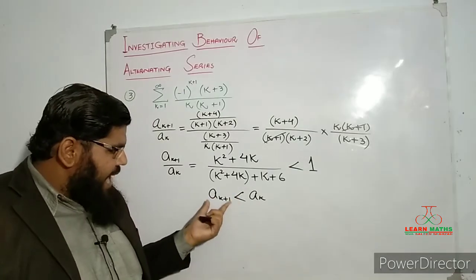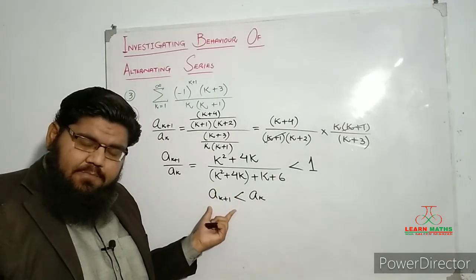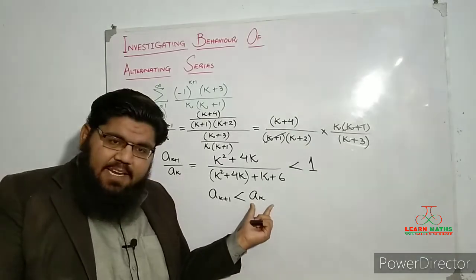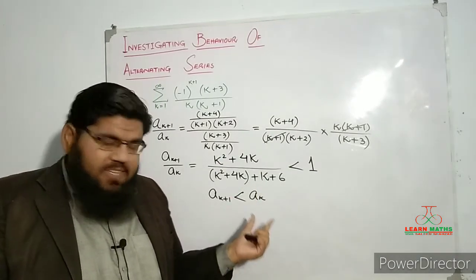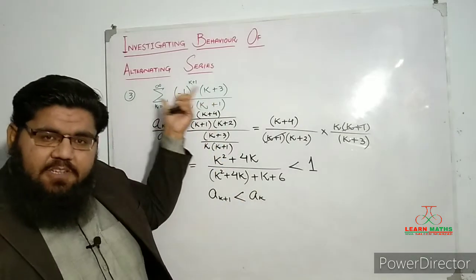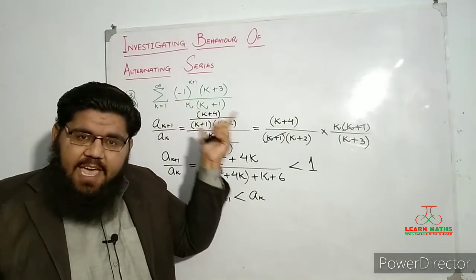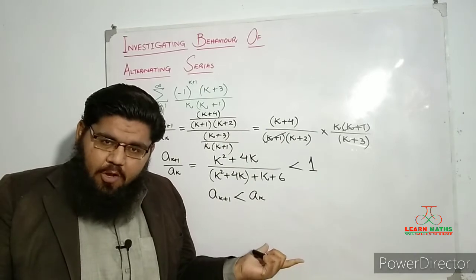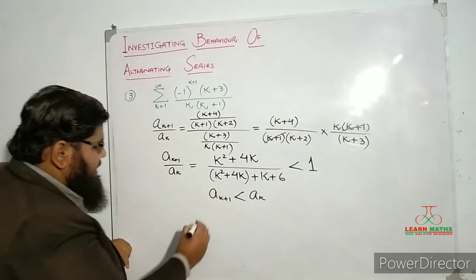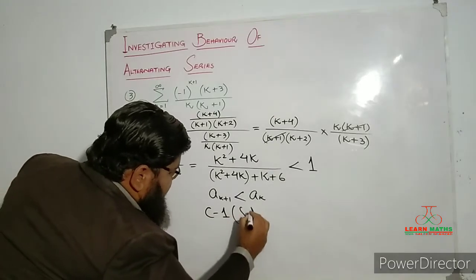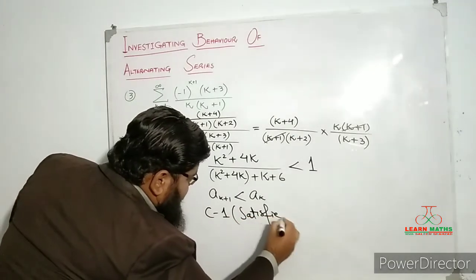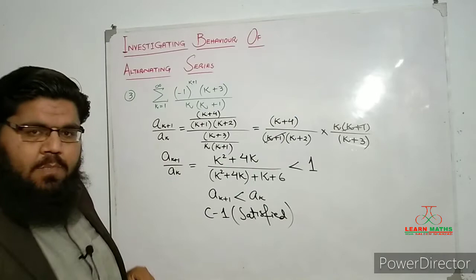It shows that every succeeding term is less than its preceding term. So this helps us understand that the size of the terms of this series is decreasing. From here we can say that condition 1 is now satisfied.